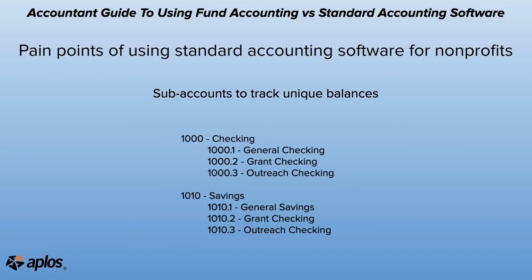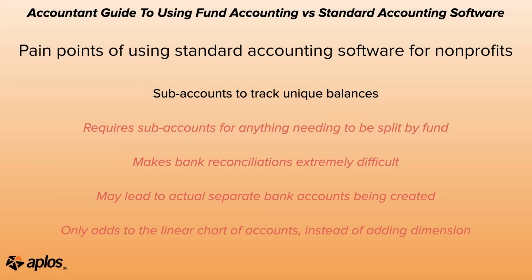So if not, then what you're left with is you receive one bank statement for your checking account, but now you need to go through and parse out what was my beginning bank balance for general, grant, and outreach, what has now been the activity according to my bank statement for general, grant, and outreach, and then what would be my ending balance, all summing up to what the true ending bank balance is. So it makes bank reconciliations just a nightmare.